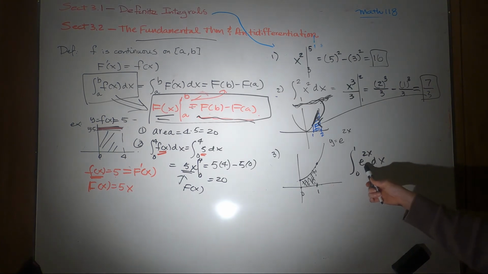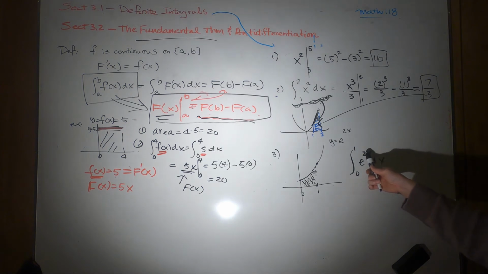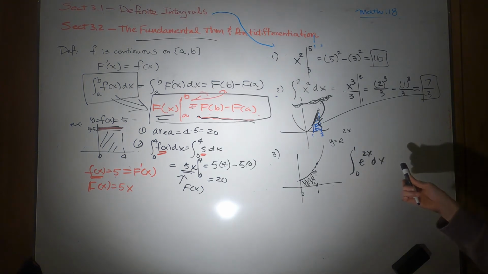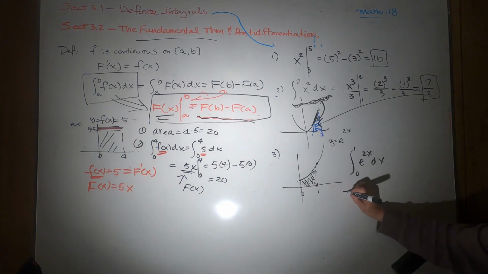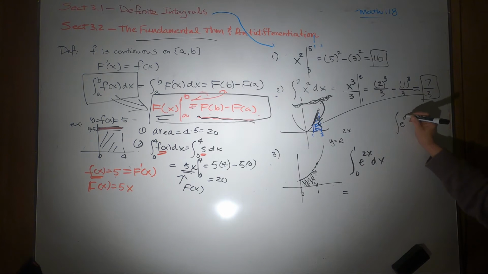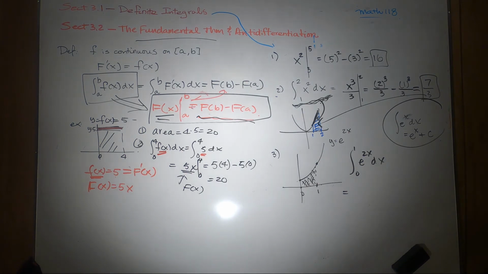Then we have to do the antiderivative for e to the 2x, which we learned in section 3.3 at the beginning. The indefinite integral of e to the x dx will be what? e to the x plus c, right, for the exponential function. And if you have 2x there, then you have to divide by 2.